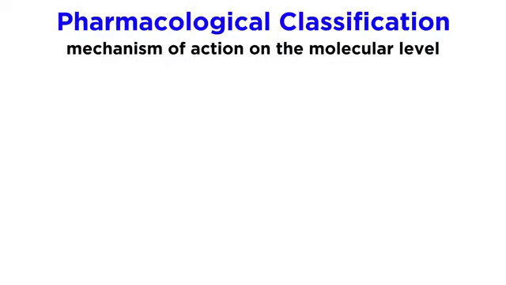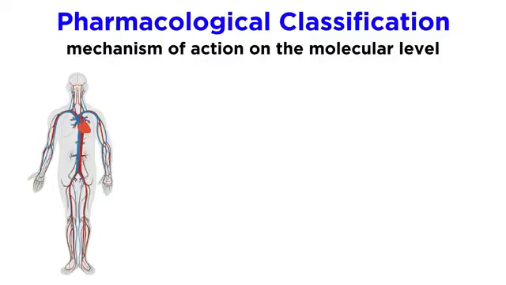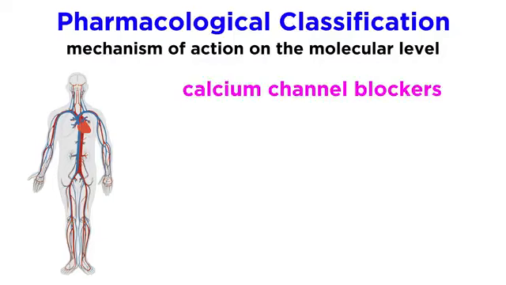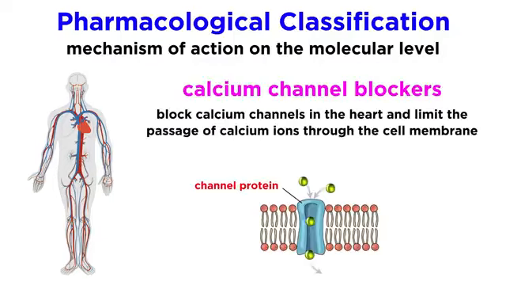By contrast, as we said, pharmacological classification describes the specific thing that the drug does on the molecular level in order to elicit the desired physiological effect. Again, focusing on the heart and blood vessels, calcium channel blockers quite literally block calcium channels in the heart, which are protein channels in the membranes of cells that regulate the passage of calcium ions in and out of the cell.